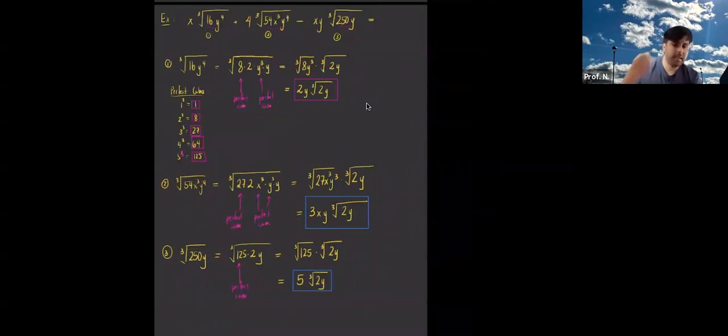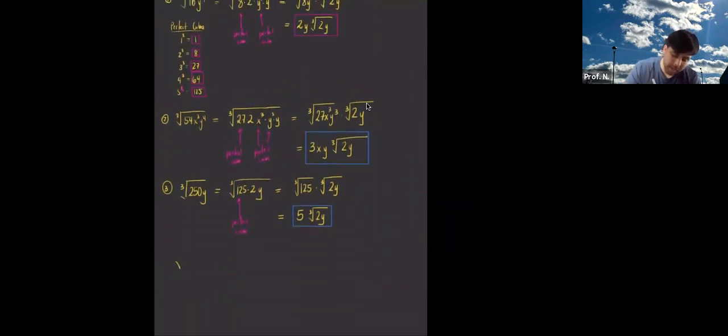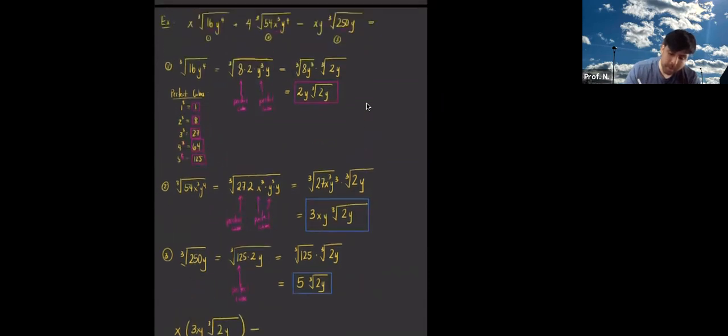Now, once I've successfully done so, I can plug them back in to the expression. So the expression is what? x parentheses 3xy cube root of 2y minus, and then the next thing is what?